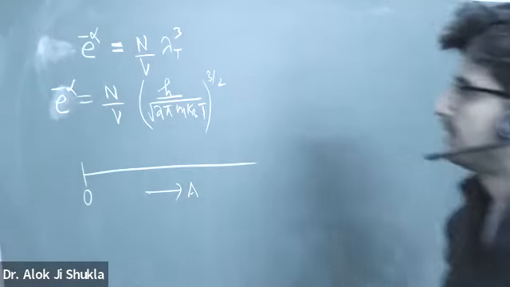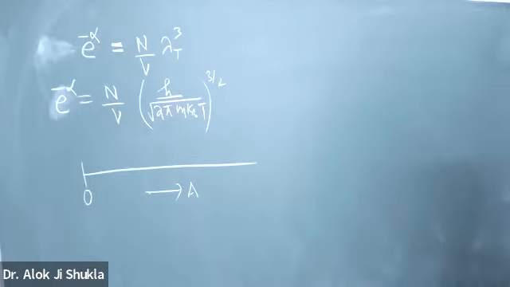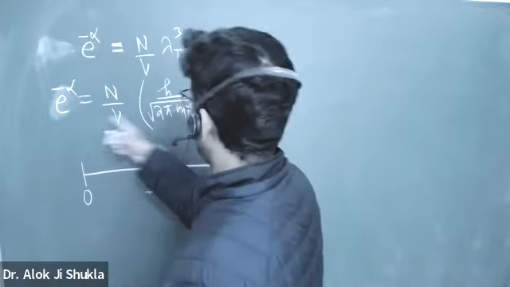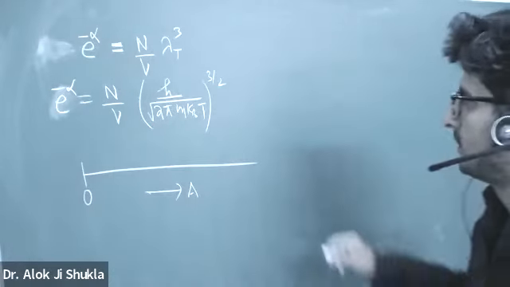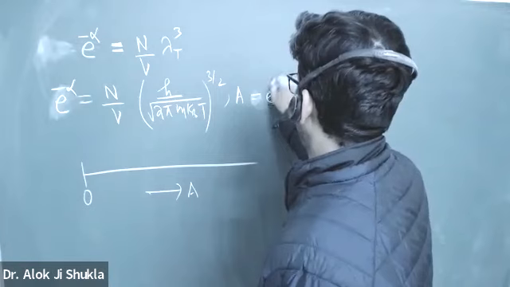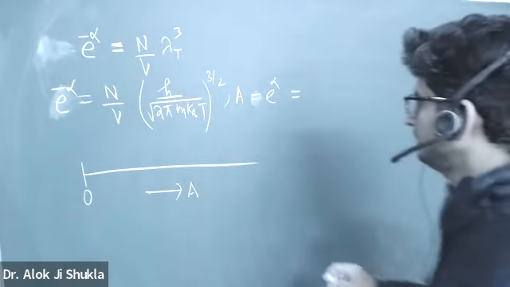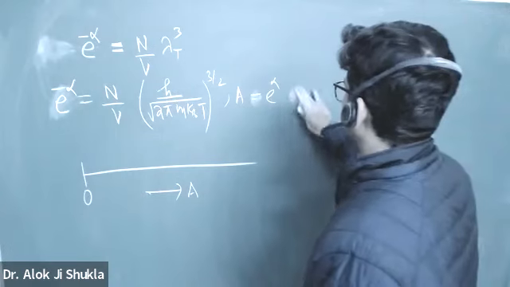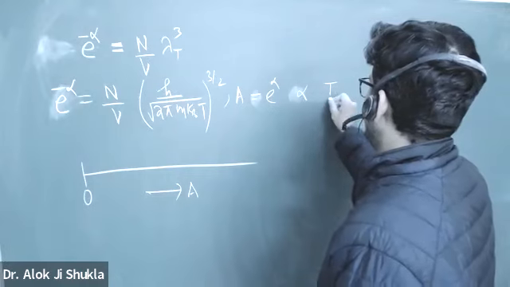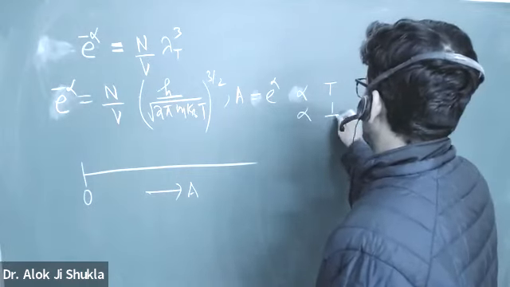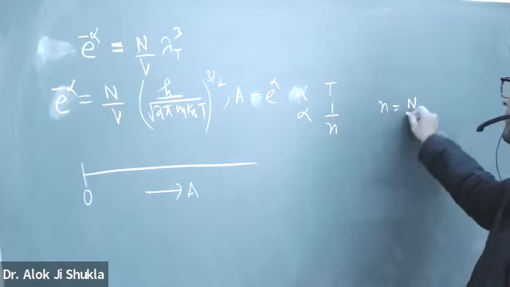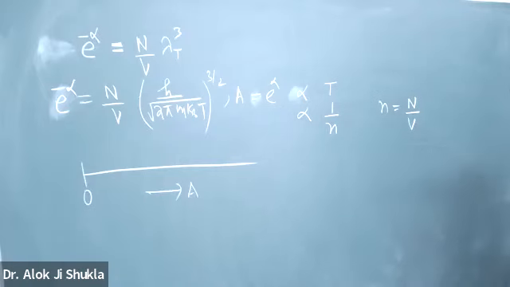This is e to the power minus alpha. So if T is very small, because A is proportional to, so if you write A, which is e to the power alpha, it will be proportional to temperature and inversely proportional to number density. Am I right? N is equal to N by V, number of particles per unit volume.